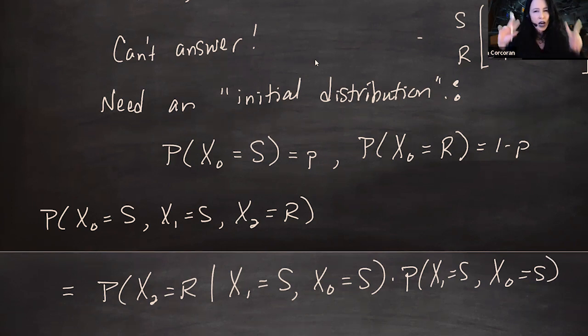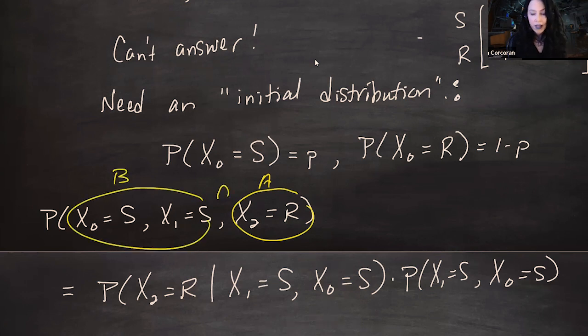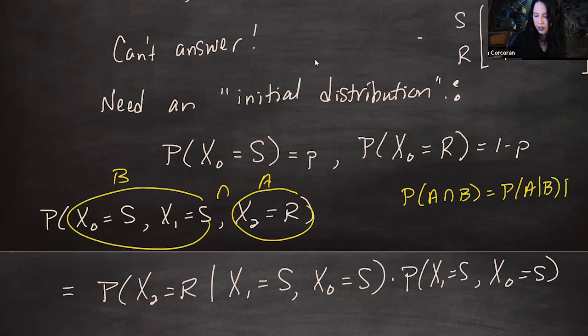That's me unraveling the definition of conditional probability, with an event A intersected with an event B, using the fact that the probability of A intersect B is the probability of A given B times the probability of B.